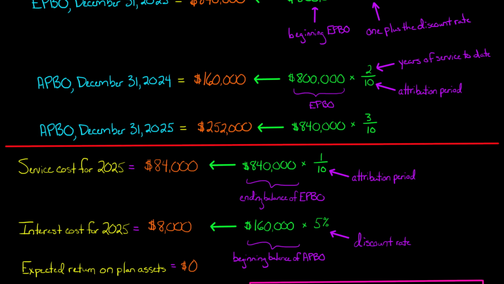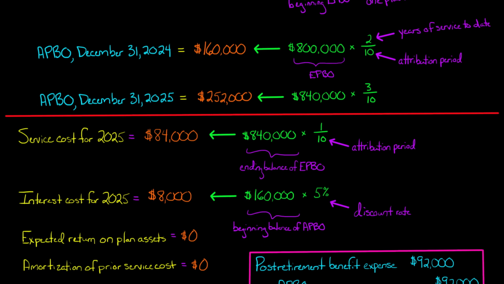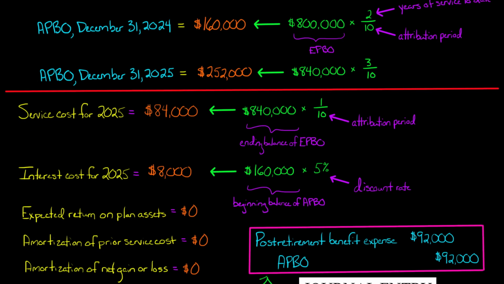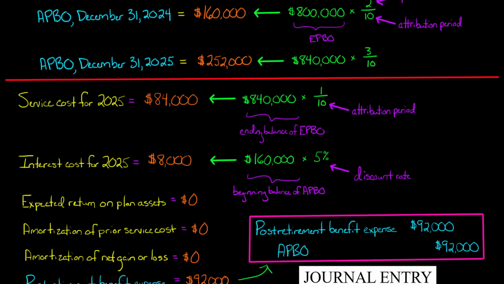Now, I already said the expected return on plan assets is 0 because this is an unfunded plan, so the company has not set aside any assets to fund these benefits later. So we have an expected return of 0. But if there were assets set aside, the expected return on those plan assets would actually reduce our post-retirement benefit expense.